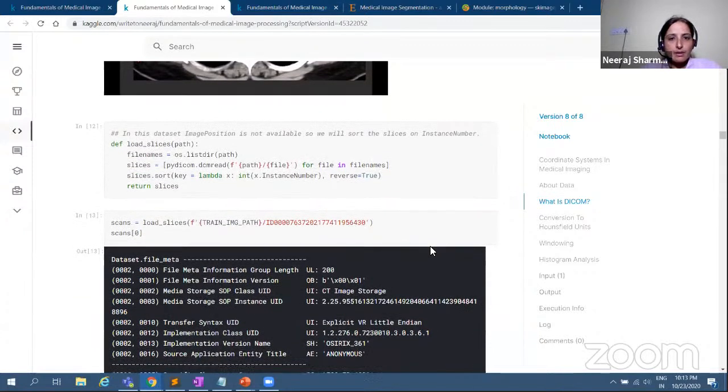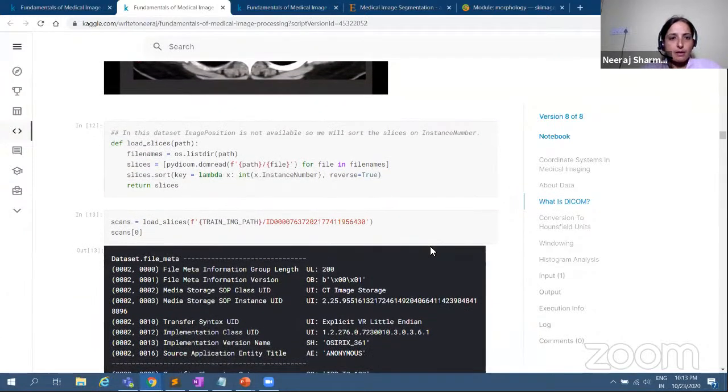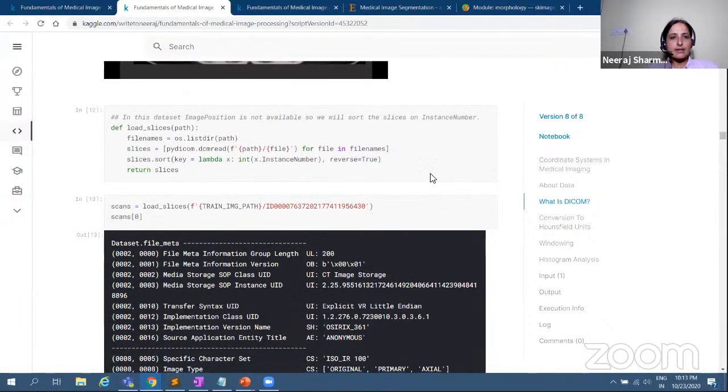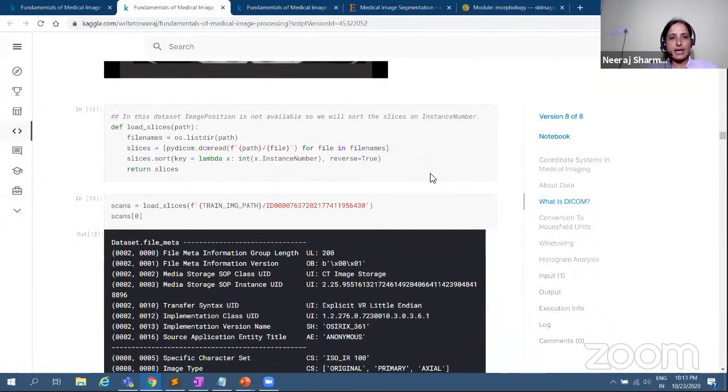Then I'm loading the DICOMs, and we will use the terms scan and slices. A scan is basically the whole CT image, and slices are every 2D image of the scan. So here I'm loading the slices of one particular scan.